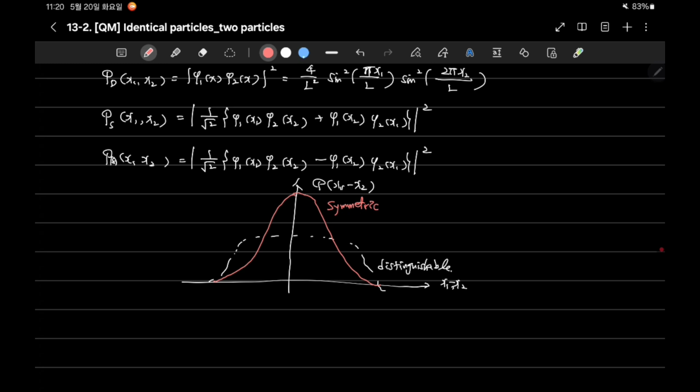And for the antisymmetric particle, the solution is like this. This antisymmetric means fermion. And there are zero possibilities at the same position.